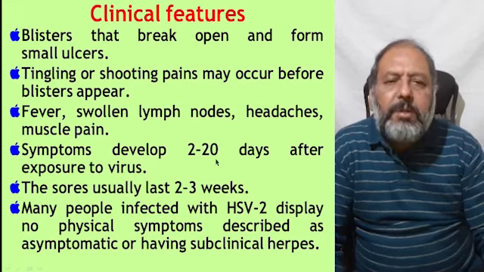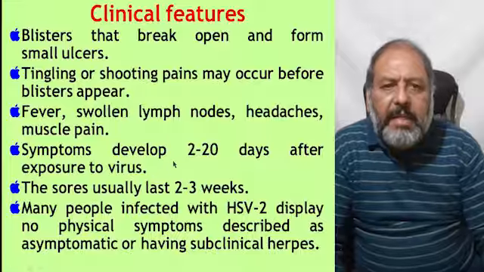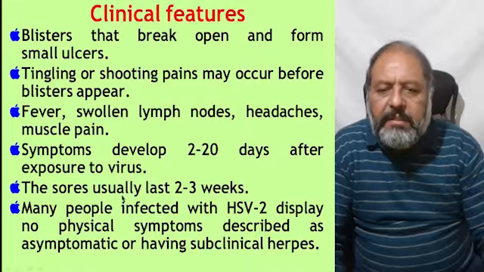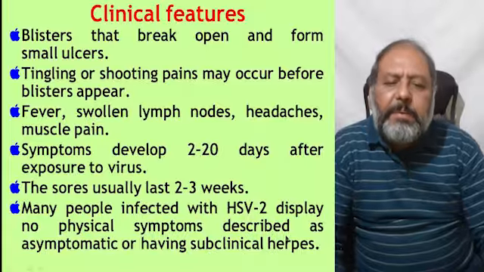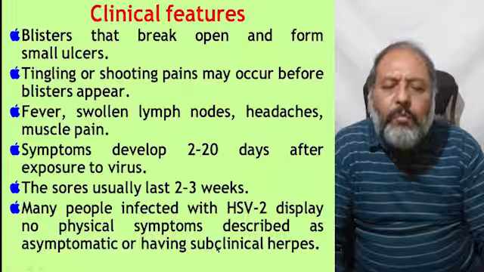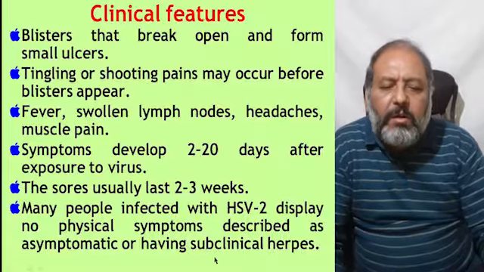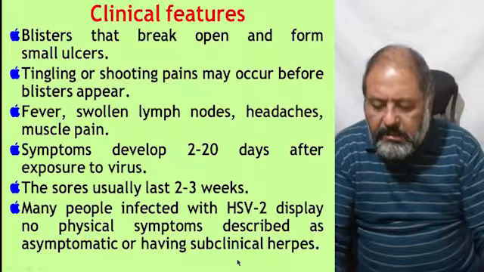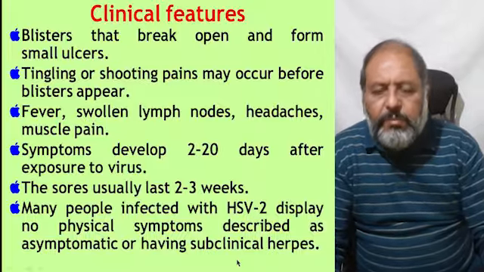Symptoms develop 2 to 20 days after the exposure and entry of the virus. The sores usually last 2 to 3 weeks, and many people infected with HSV2 display no physical symptom, described as asymptomatic or having subclinical herpes, and they have got no symptom with which they present.